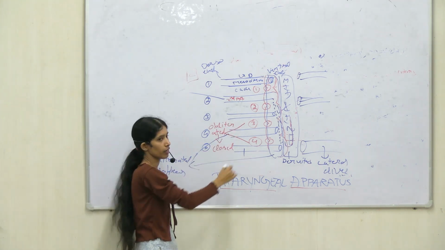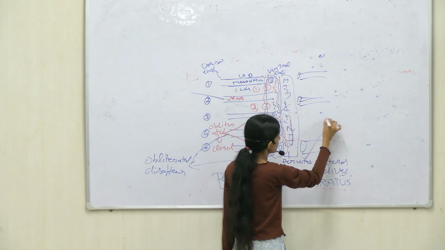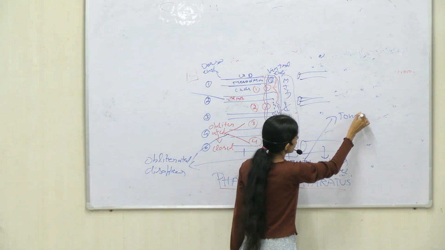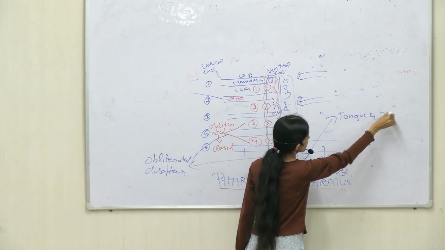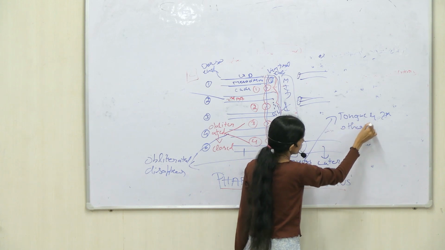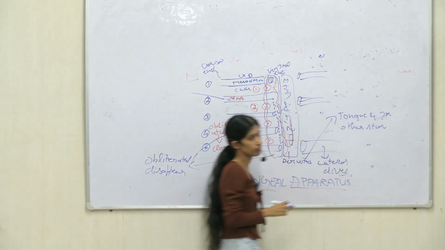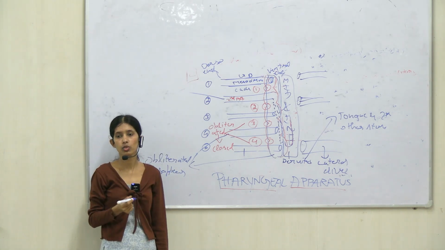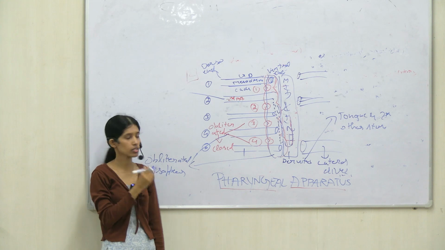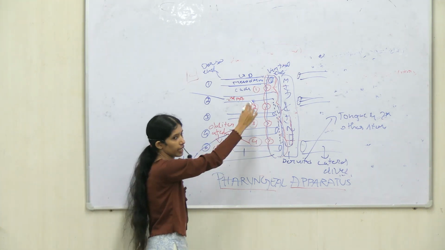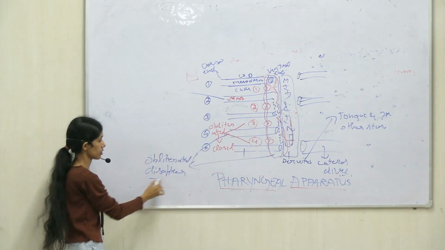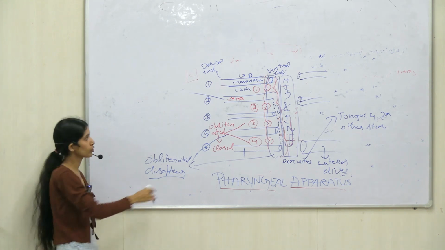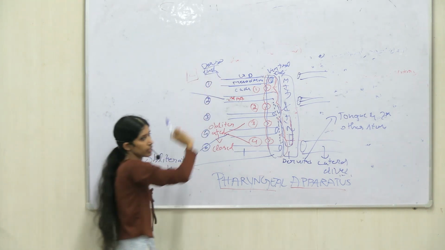The midline derivatives will lead to the formation of the tongue and a few other structures, whereas the ventral end will generally disappear. So we are left only with the dorsal end.